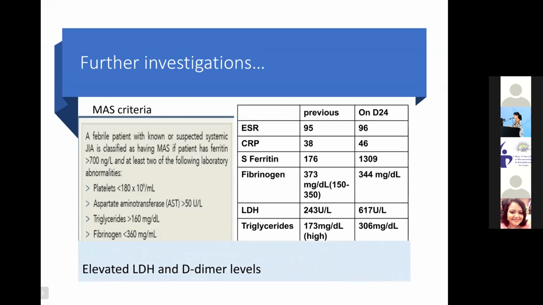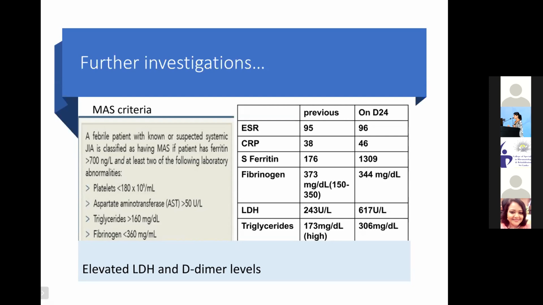According to the 2016 EULAR-ACR criteria for diagnosing macrophage activation syndrome, other than high ferritin level, low platelet, elevated AST level, elevated triglyceride, and low fibrinogen, the diagnosis can be supported by elevated LDH and D-dimer levels as well.